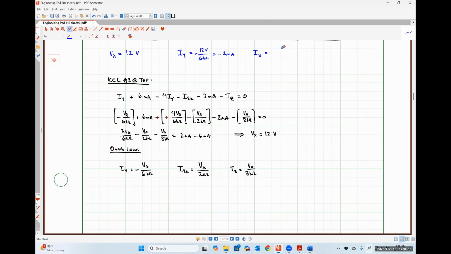And Iz is just going to be positive 12 volts over 3 kilo ohms, which is positive 4 milliamps. Okay. Does anybody have any questions or concerns about this example problem?